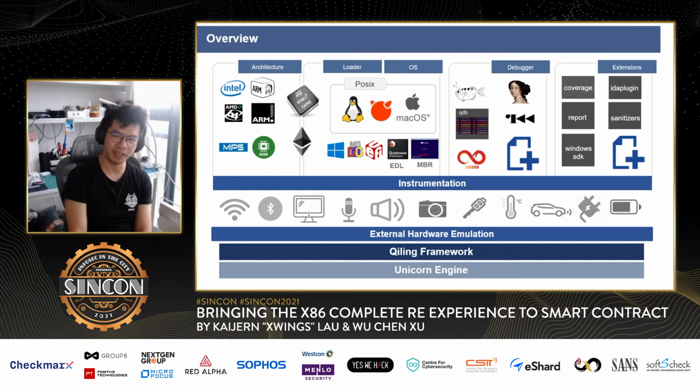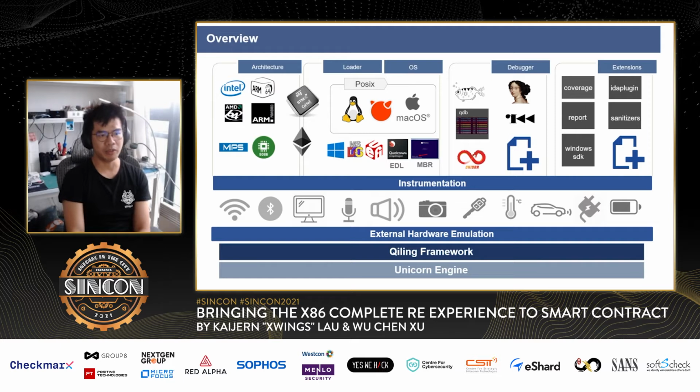If I miss out something, there is a very high possibility I lost count of some of the features and functionality. So we are purely and solely based on the Unicorn engine as the lower layer engine to do the CPU emulation. And then we build the Qiling engine on top of it.